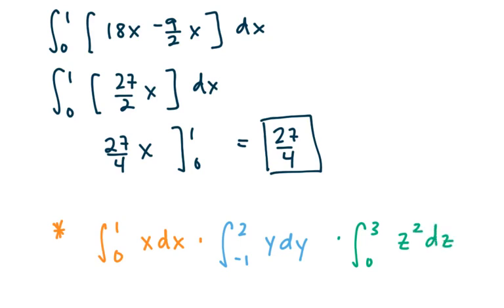And that works when I've got this product here and these bounds are all constants. If I had a function in there, I wouldn't be able to do this. All right, so just kind of a shortcut. That will give you the same answer, 27 over 4.